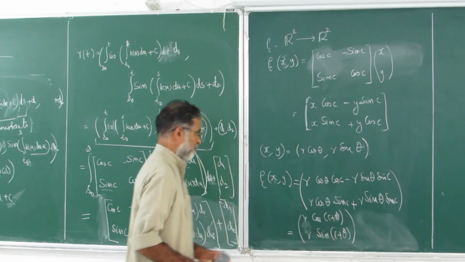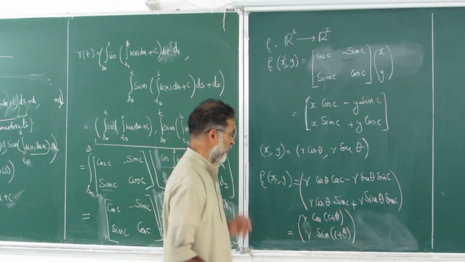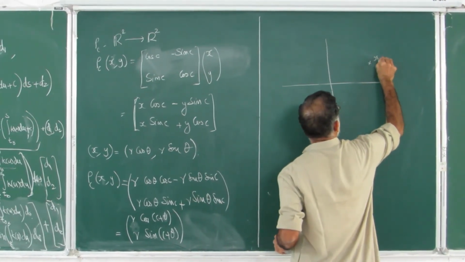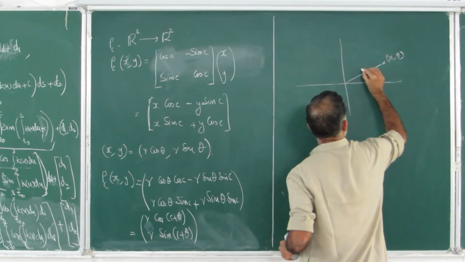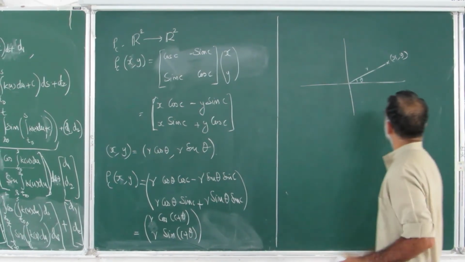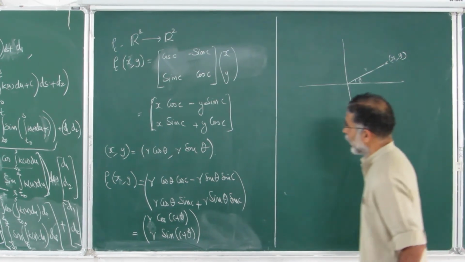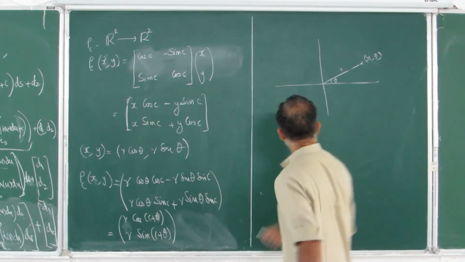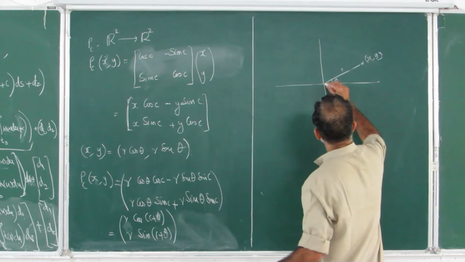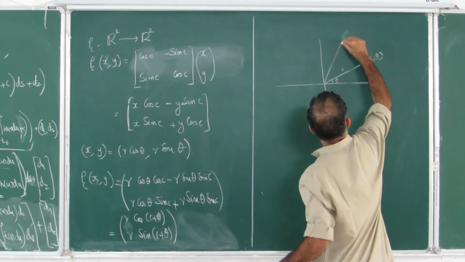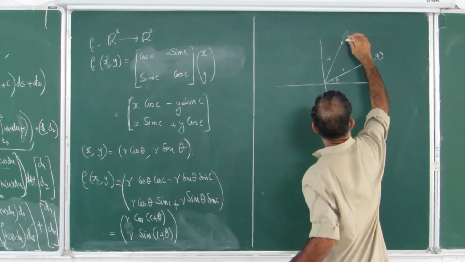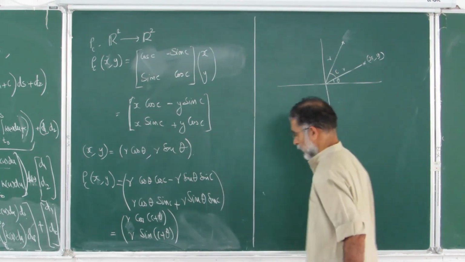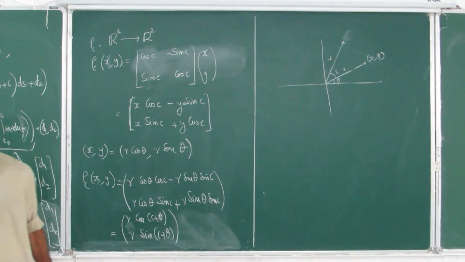That means if you draw a picture, this is your x comma y, this is your r and this is your theta: r cos theta, r sin theta. You apply this map, and what you get is the same modulus r, and the angle is c plus theta.